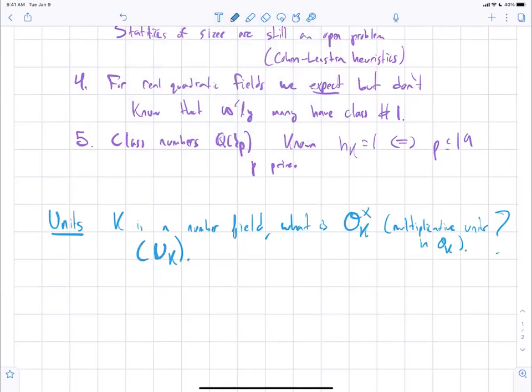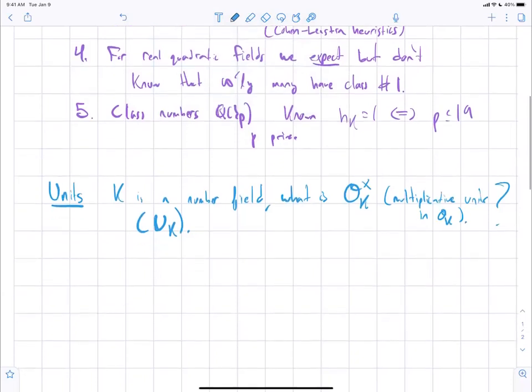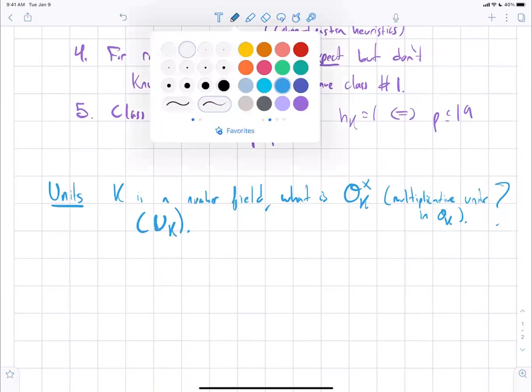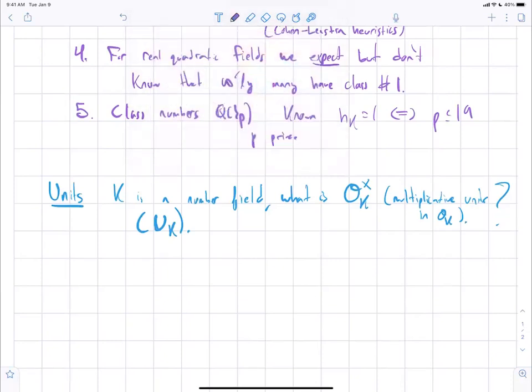Okay, so this is an important question for lots of reasons. Maybe the simplest way to motivate it right now is that this is the other part of factorization.